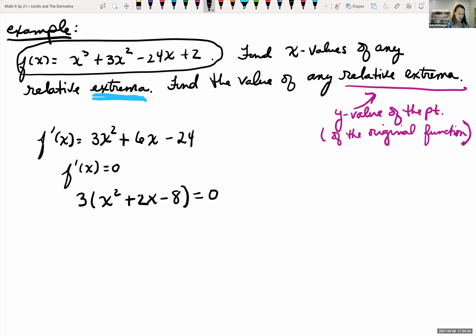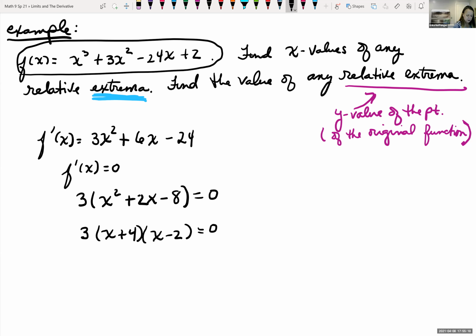To me, it's just easier to factor if my coefficient in front of x squared is 1. I can do that. So that is factorable. There are two numbers that multiply to negative 8 and add to a positive 2. So we can factor that as x plus 4, x minus 2.